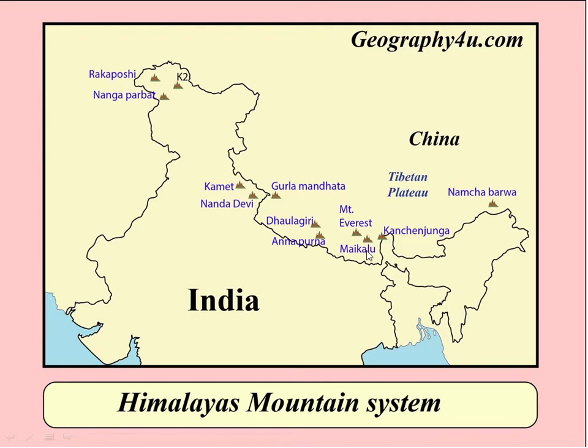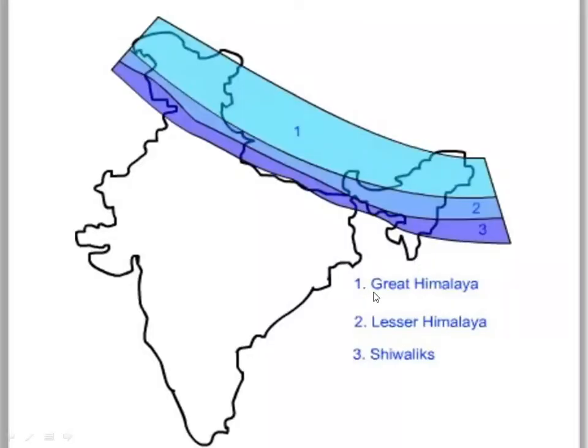In Nepal only there are the most number of peaks: Mount Everest, Makalu, Annapurna, Dhaulagiri, Gurla Mandhata. In Uttarakhand you have Kamet, Nanda Devi, and you have Namcha Barwa in Arunachal Pradesh. Okay, so this was the Himalayas.